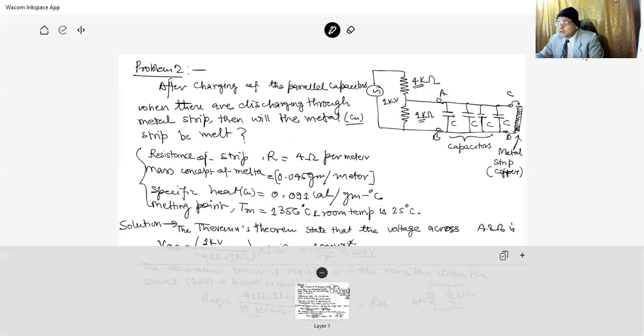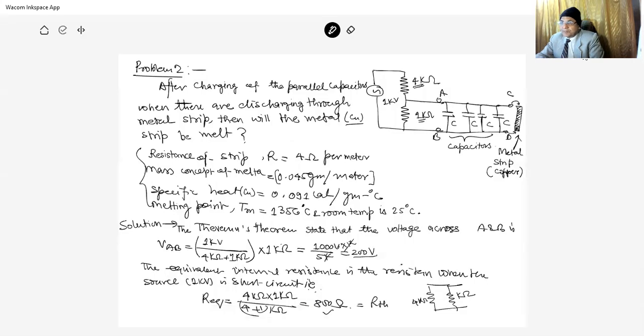Now the second problem is based on the concept that after charging of the parallel plate capacitors, when they are discharging through a metal strip, will the metal copper strip melt?